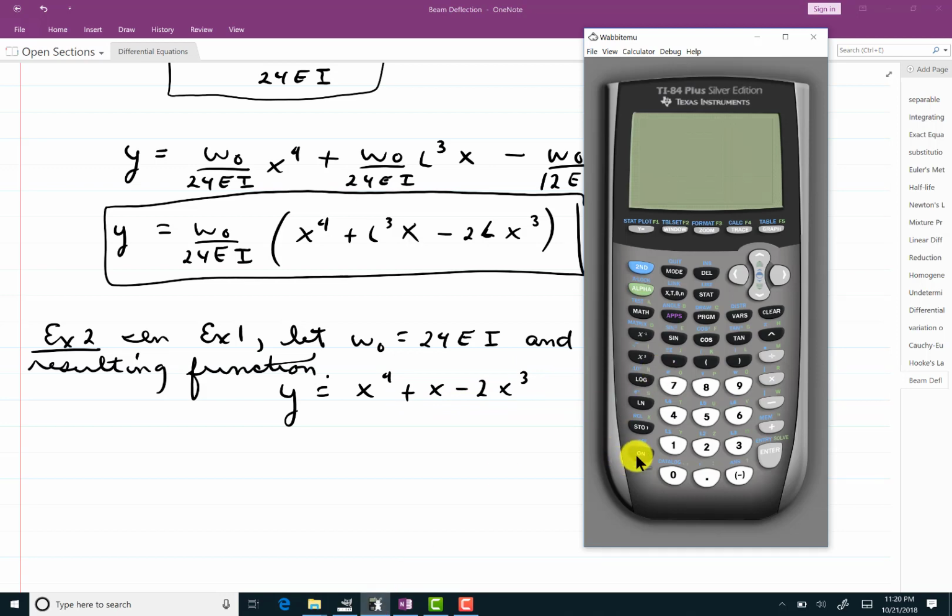I am just going to use a standard calculator for this. Let me change my y. Let's clear that out. Put in this stuff. X to the 4th. You've got to remember to bring yourself back down from there. Plus x minus 2x cubed.